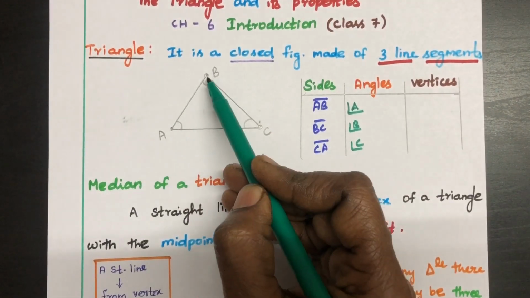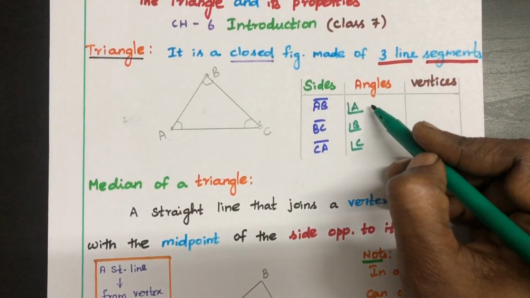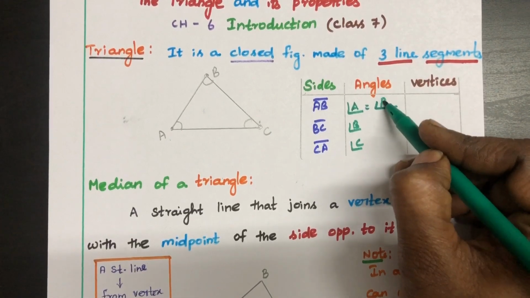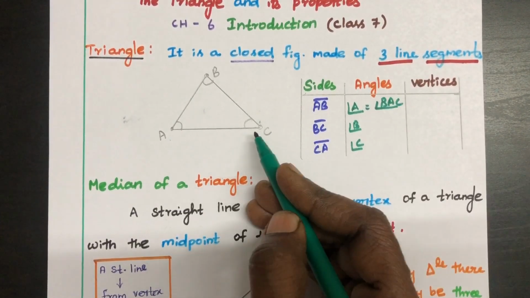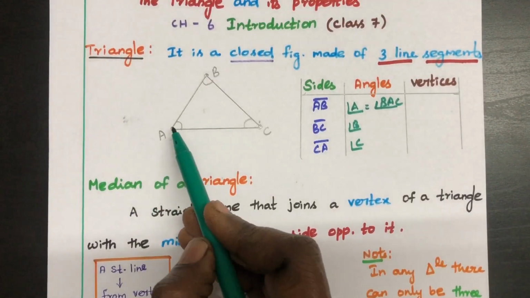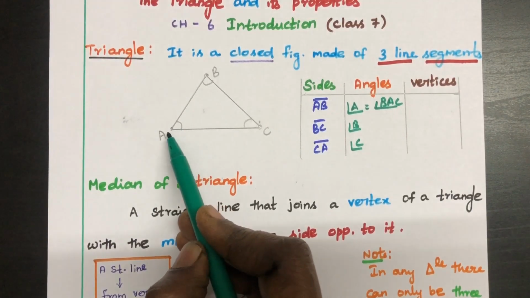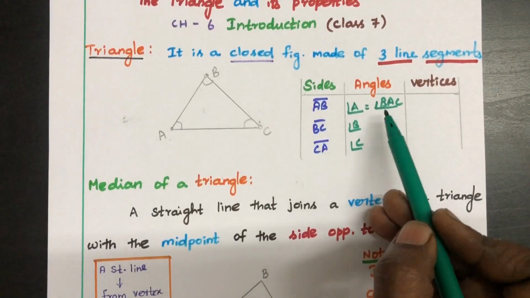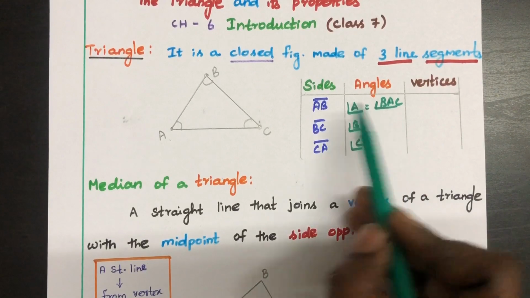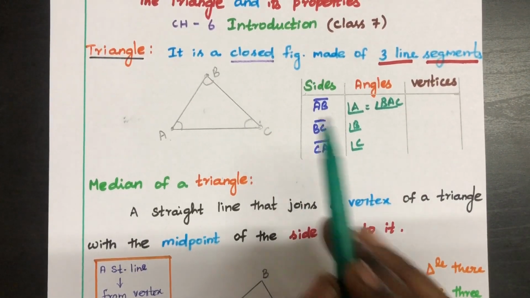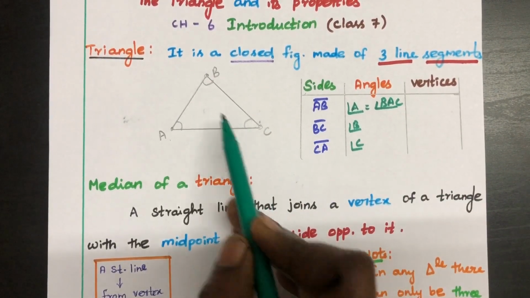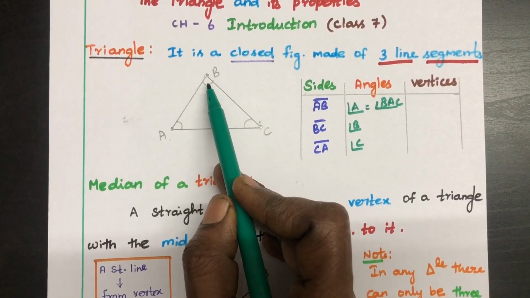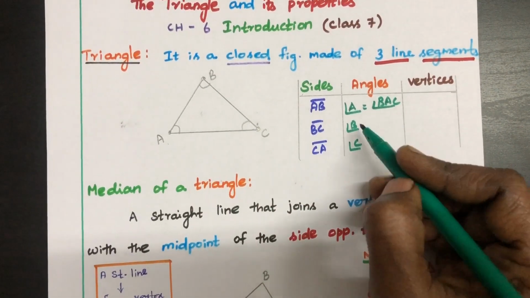Or we can tell it like this. If it is A, we can call this BAC or CAB, whatever. If the angle is formed at A, then A should come in between the other 2 vertices. That's all. If the angle is formed at vertex B, how can we tell this?